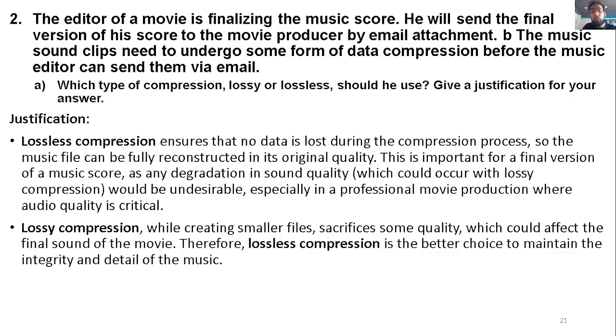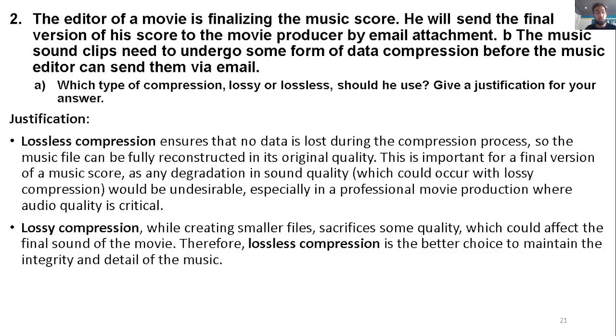The editor of a movie is finalizing the music score. He will send the file versions of his score to the movie producer by email. The music sound clips need to undergo some form of data compression before the music editor can send them via email. Of course, to send any file, he needs to do some kind of compression. What compression should he use?